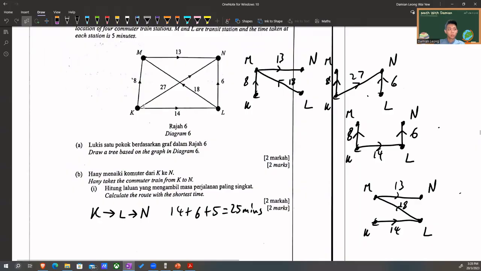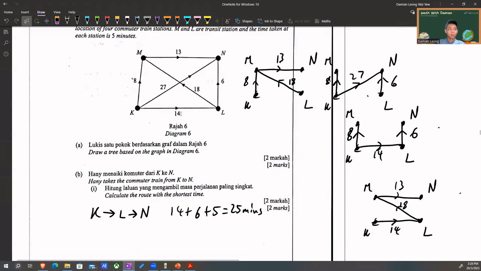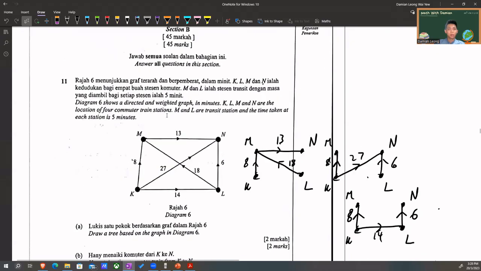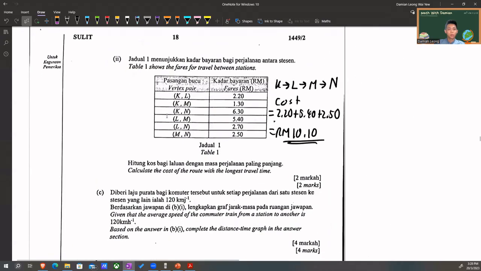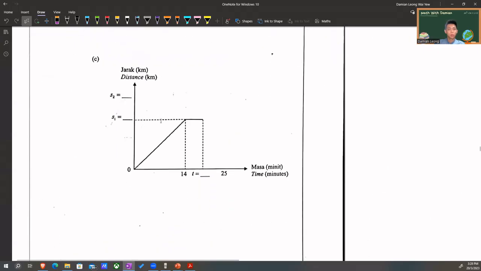So it is 14 here, 14 minutes, then stop for 5 minutes. And that is, I need to find how many km away. So average distance, sorry, average speed is 120. Means distance over time equals 120.